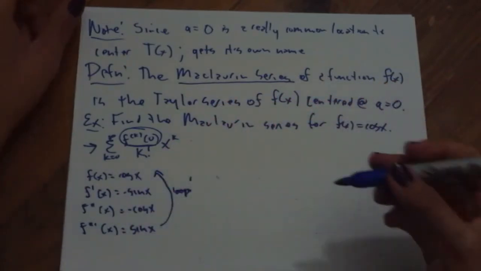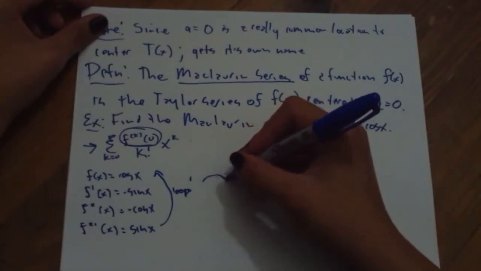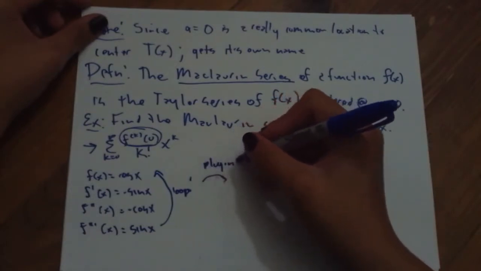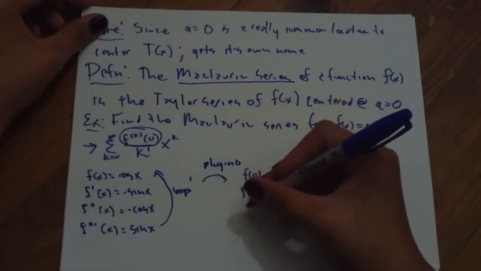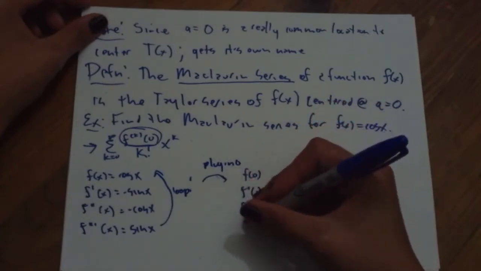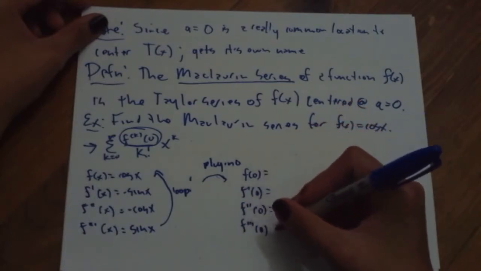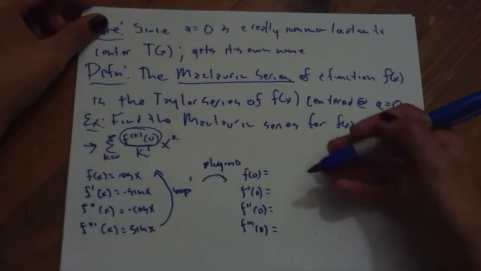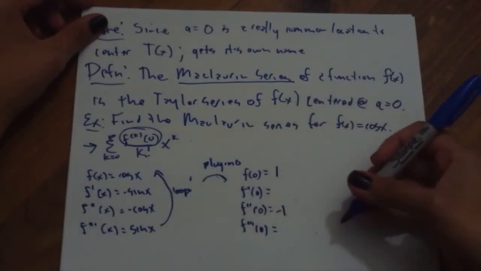So, if I needed the pattern here, remember, if I need to plug 0 in, you're going to look at your f of 0, f prime of 0, f double prime of 0, f triple prime of 0. Okay, and if we go back to our unit circle values, cosine of 0 is 1, so that'll give us both of these guys.